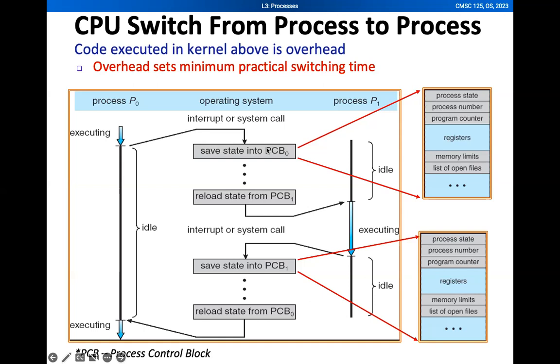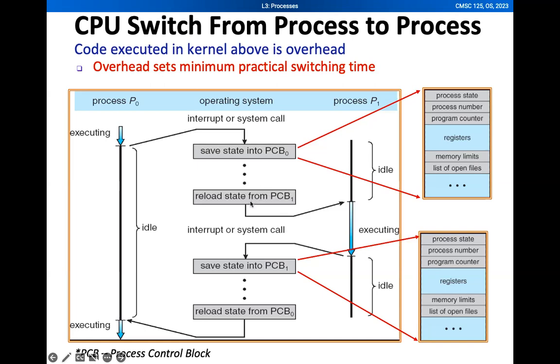Now, after that, it must load the saved state of the new process. So after P sub 0 is preempted, we will save its state and then reload the process control block of PCB1. So we need information about PCB1.